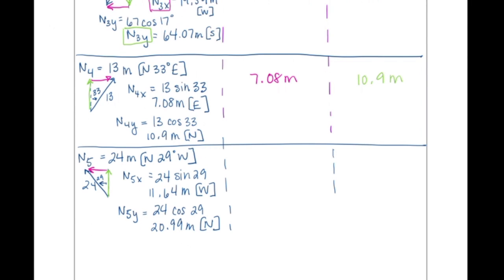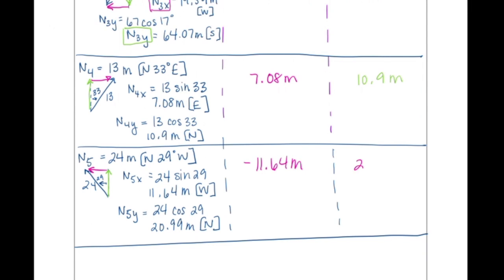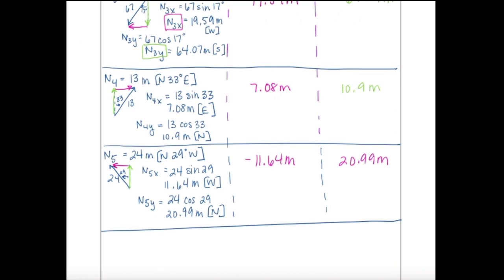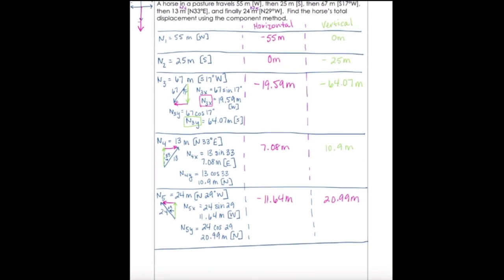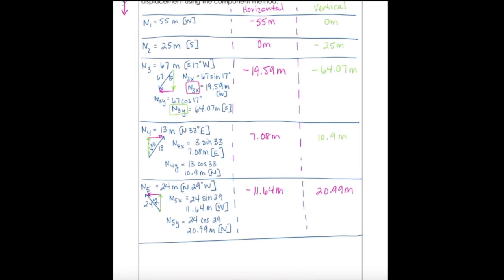Okay, so breaking it up into its components, the horizontal one is going to be negative because it's west, 11.64 meters, and then a positive because it's to the north direction, 20.99 meters. Okay, so now what we can do is we can go through and basically add up the horizontal and the vertical sides.